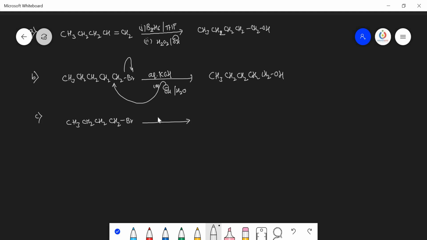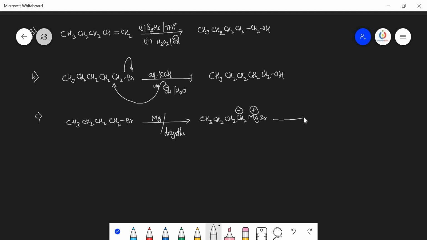Many carbon-increasing procedures are there. So let us take the well-known reaction, that is Grignard reagent. Alkyl halide with magnesium in the presence of dry ether forms the Grignard reagent, CH3, CH2, CH2, CH2, MgBr, and carbon gets the negative charge. Magnesium is always with the positive charge because magnesium is a metal and carbon is a non-metal.